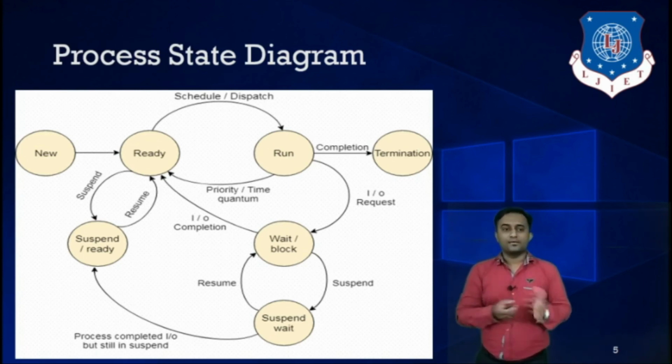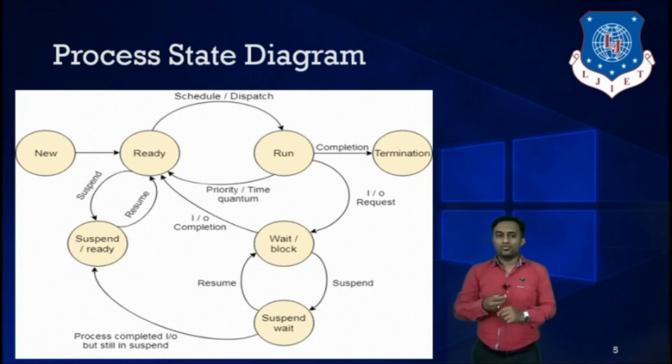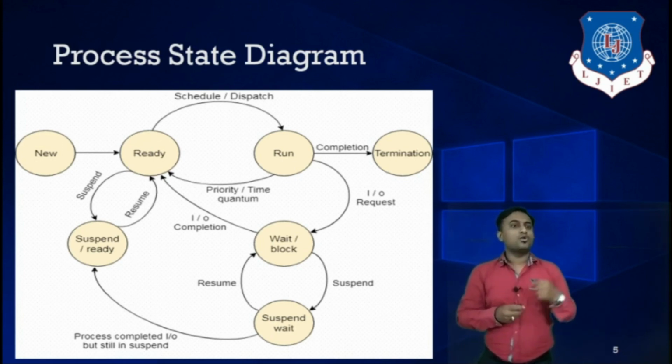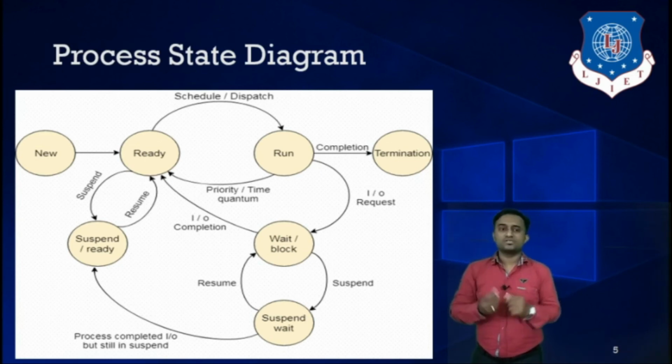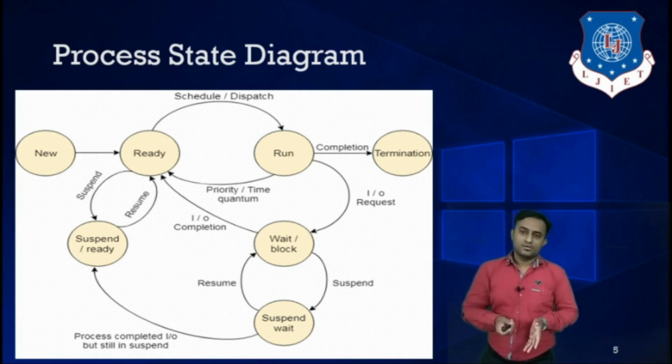So what will happen when a process enters into a ready queue, again it will go to the running state, but it does not require the CPU for its execution, because there are two types of processes: one is IO bound process and second one is the CPU bound process. So what is CPU bound process?